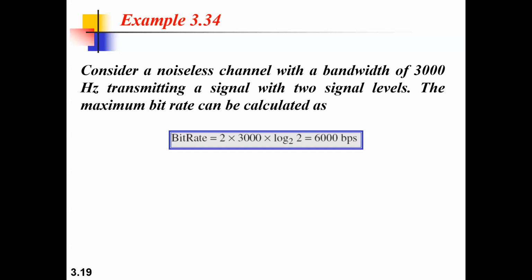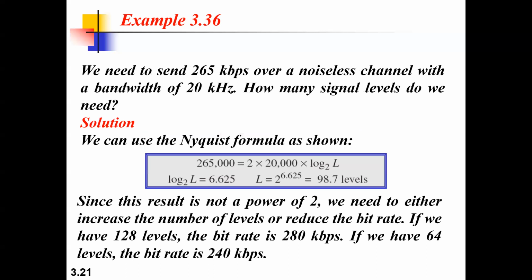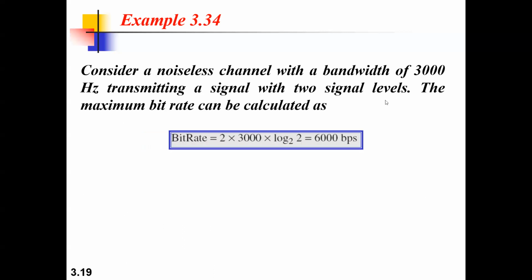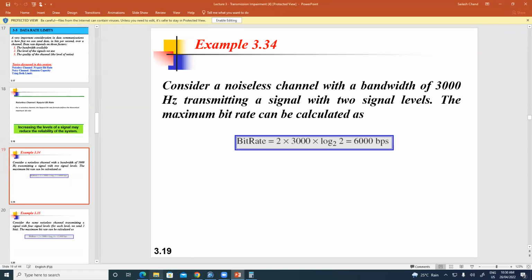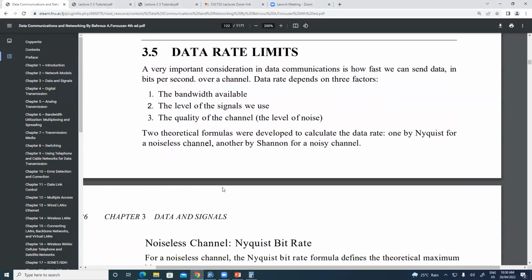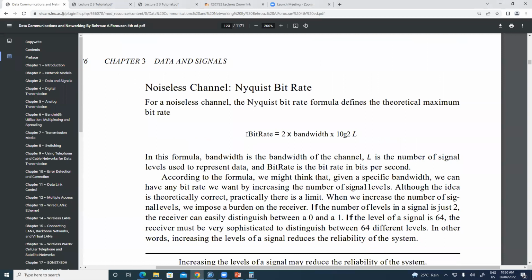So the formula from the textbook, and this is the formula for calculating the Nyquist bit rate. Just note it. Nyquist bit rate, and Nyquist is talking about the noiseless channel.